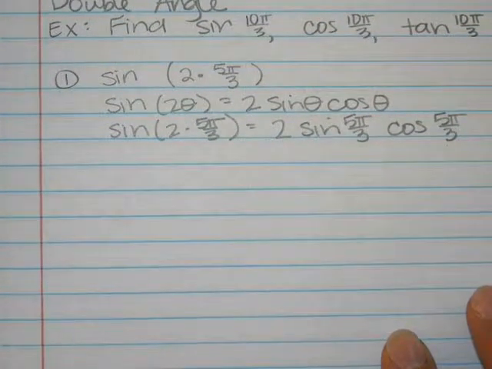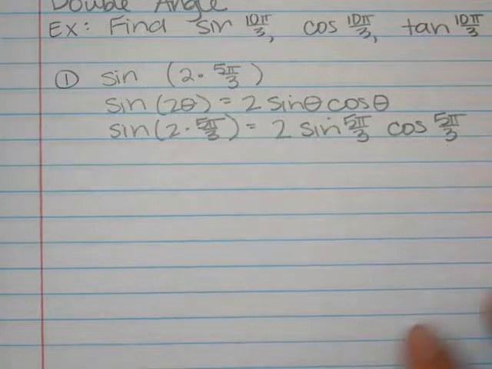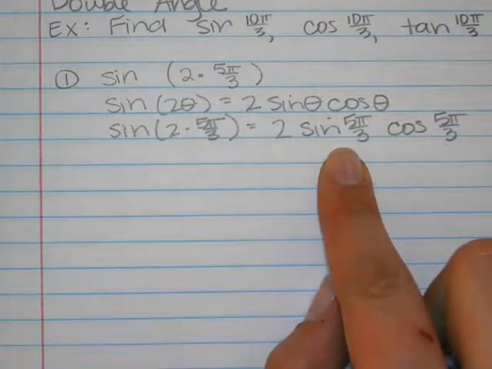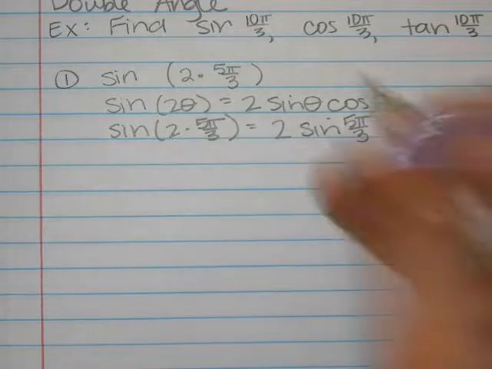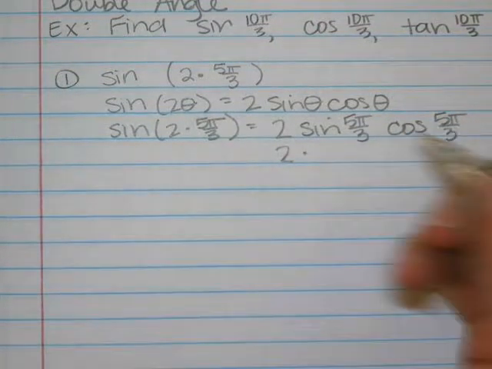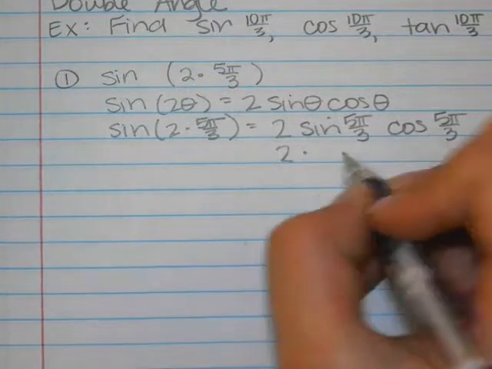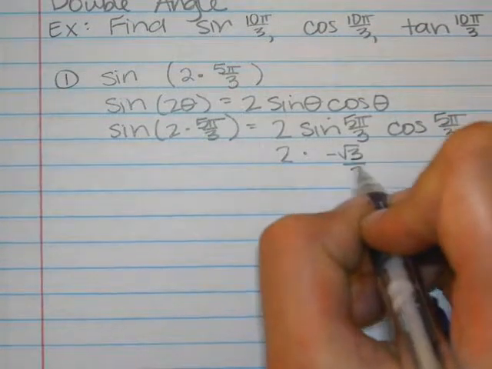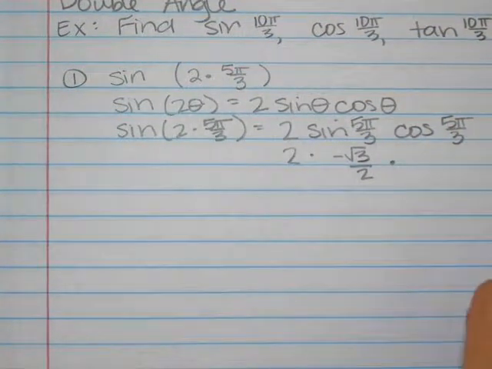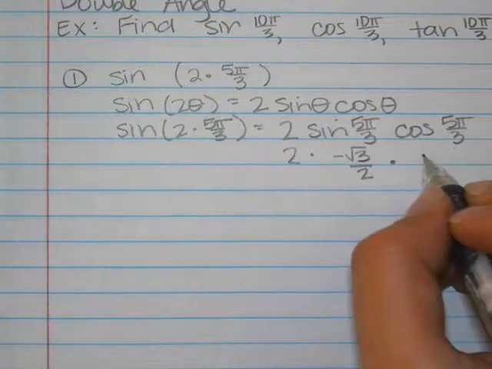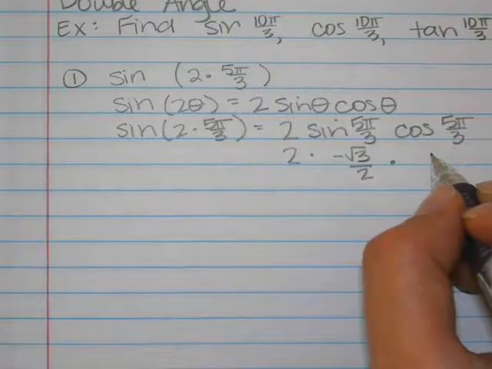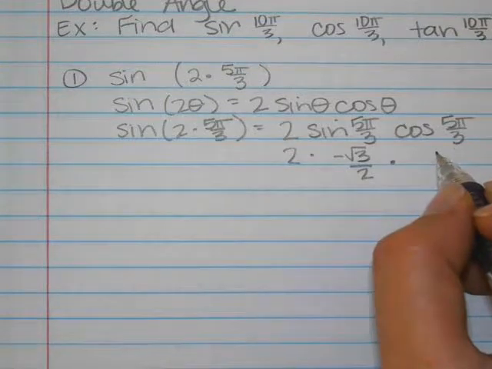And this is where we look at the unit circle to see what sine of 5 pi thirds is. Negative root 3 over 2 times cos of 5 pi thirds. It's not negative root 3 over 2. It's 1/2.